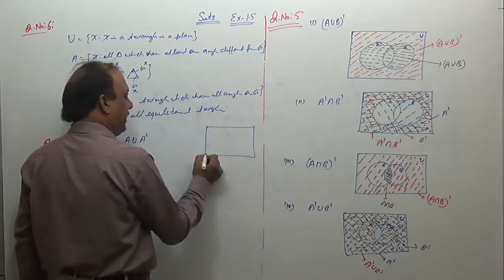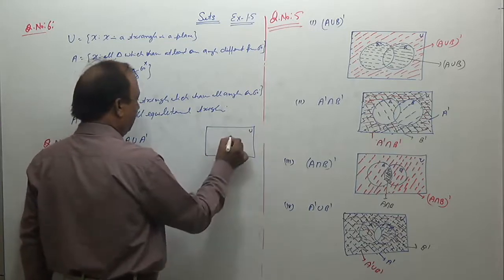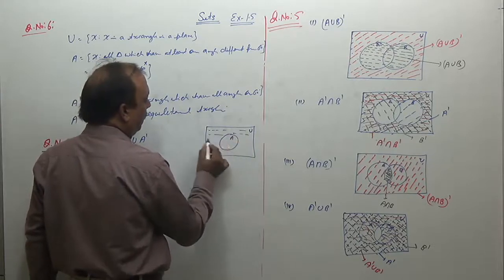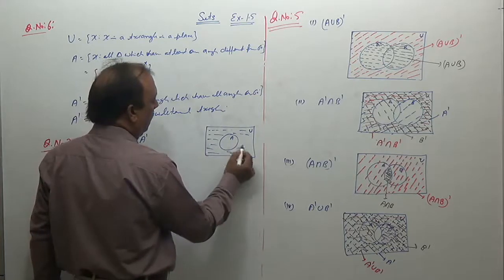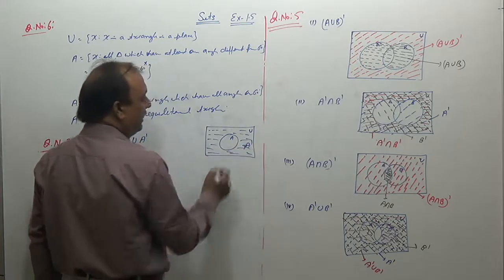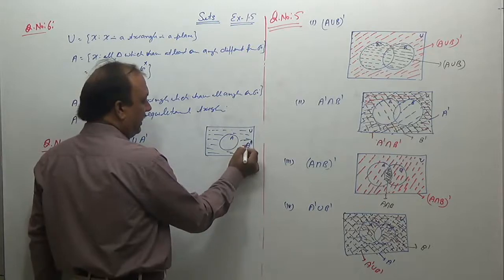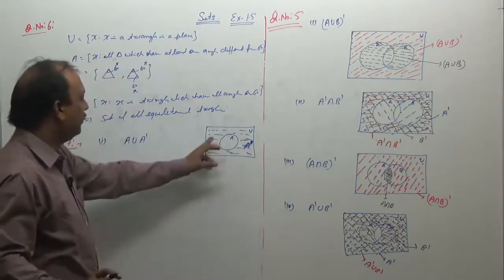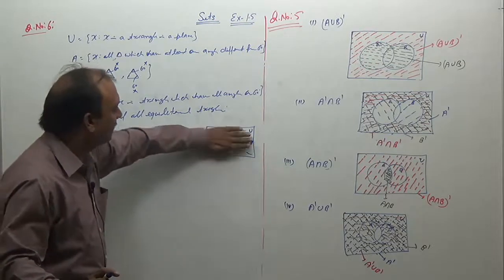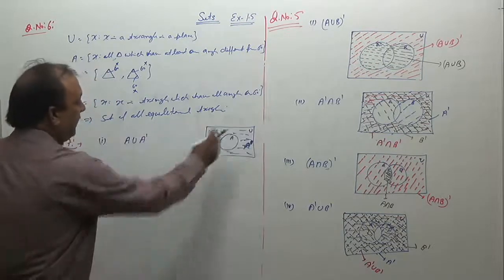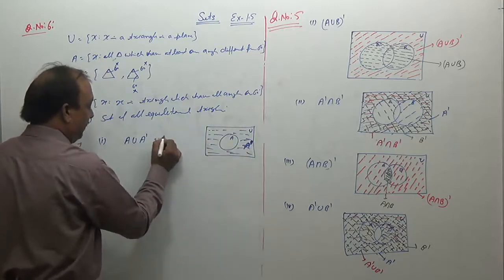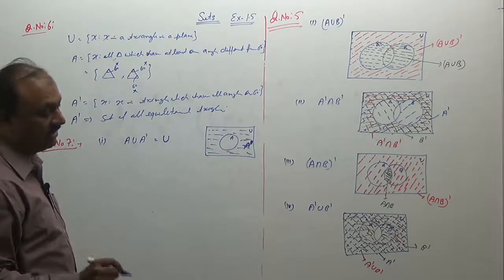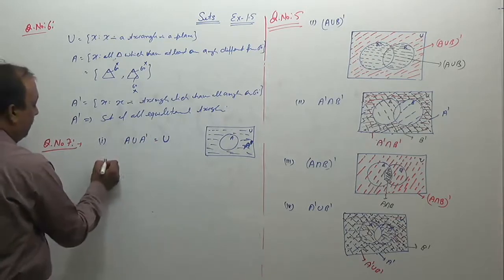Understood by Venn diagram: one is the universal set, this is A, and the remaining portion is called A complement. What is the meaning of A union A complement? This portion and this portion, when we combine them, we get the universe. So we get the universal set. This is the answer of this part.